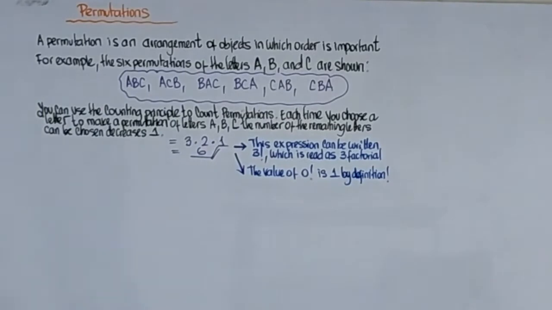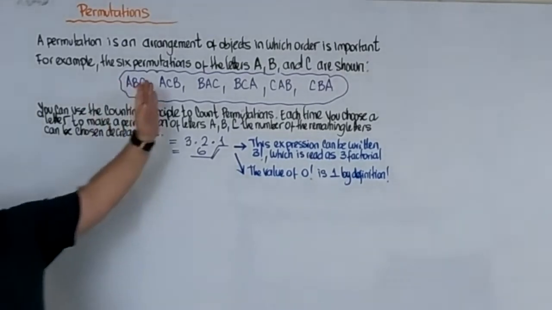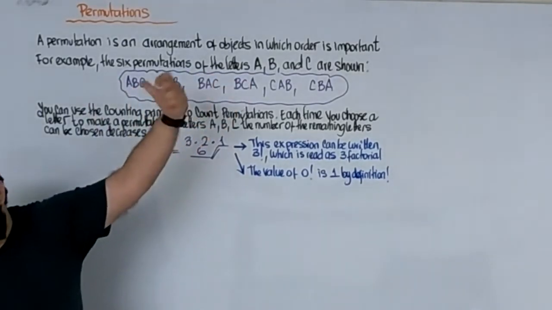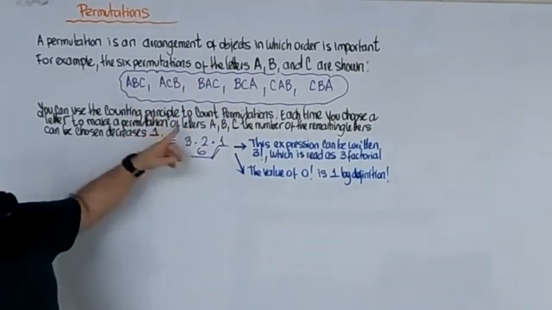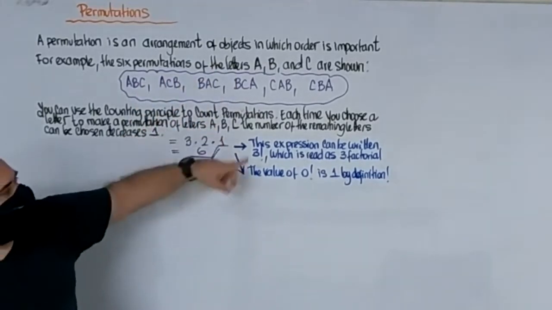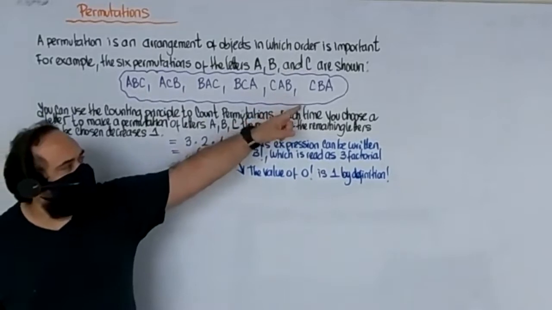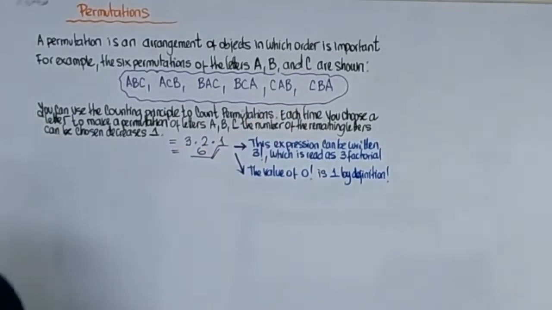The total number of arrangements using three letters will be six. That's why we have six permutations, six different orders.